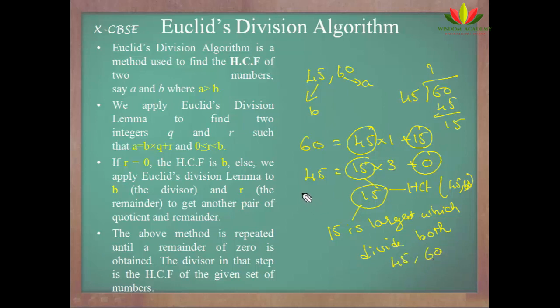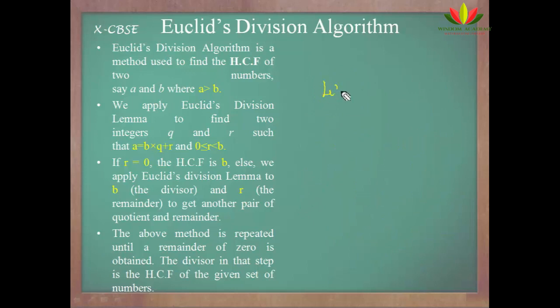If you see very properly, if I write 45 and 60, there are many common factors. 5 can divide both, 1 can divide both, even 3 can divide both, but 15 is the largest number which will divide both the numbers. That's why it is called highest common factor.